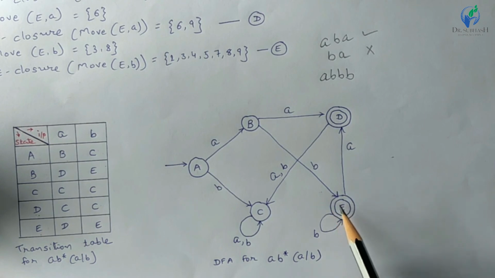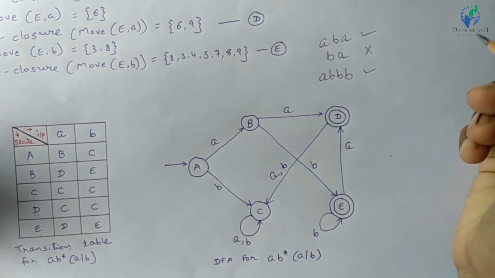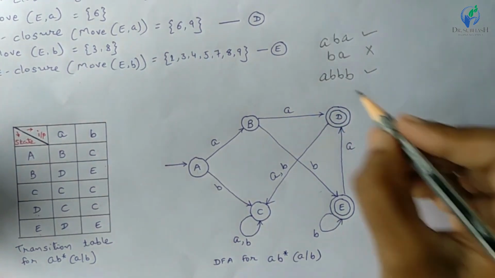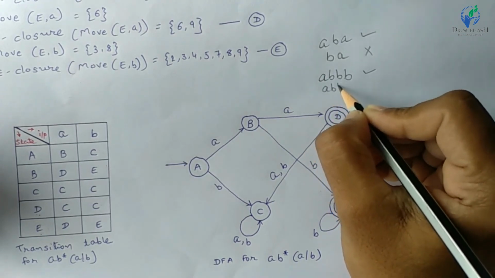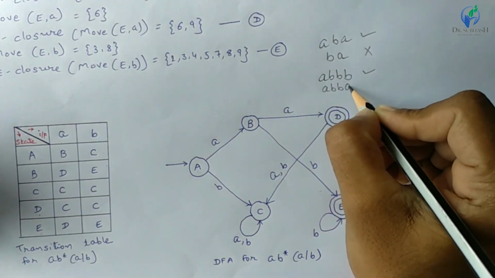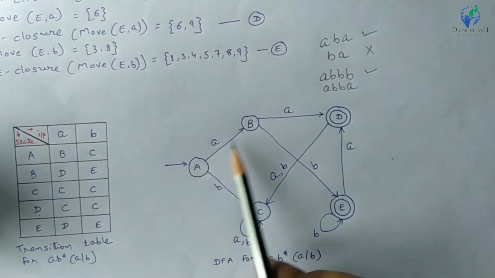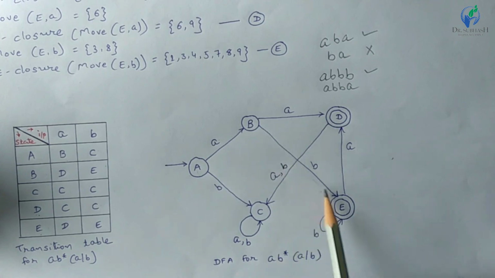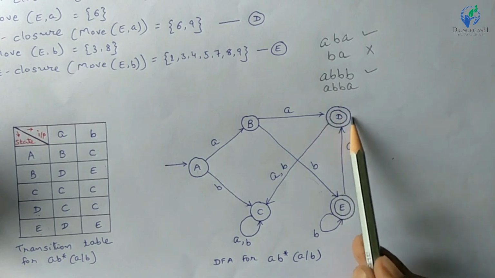So A, B, B, B is a valid string, because it starts with A, there are two occurrences from B star and it ends with B. Next, A, B, B, A. Start with A, two occurrences of B and end with A. Then it also reaches a final state.